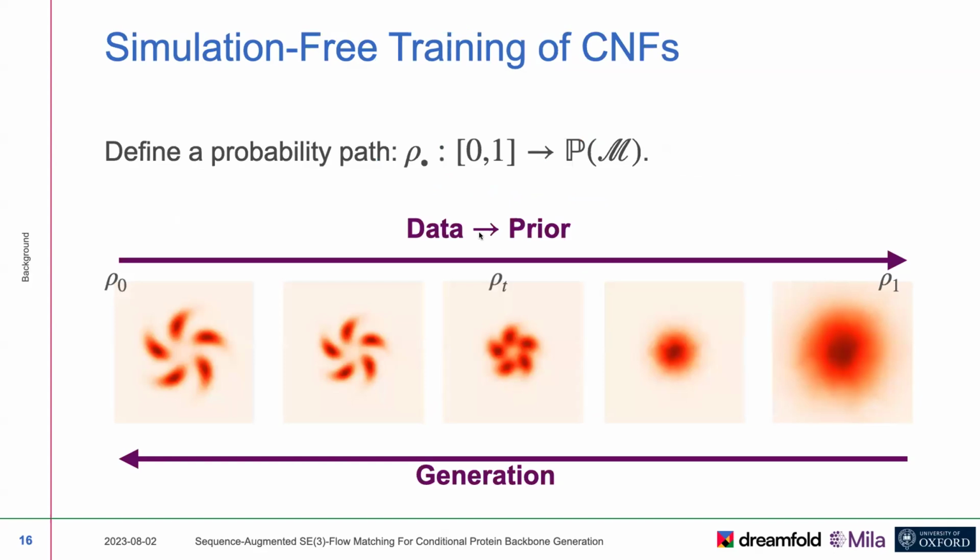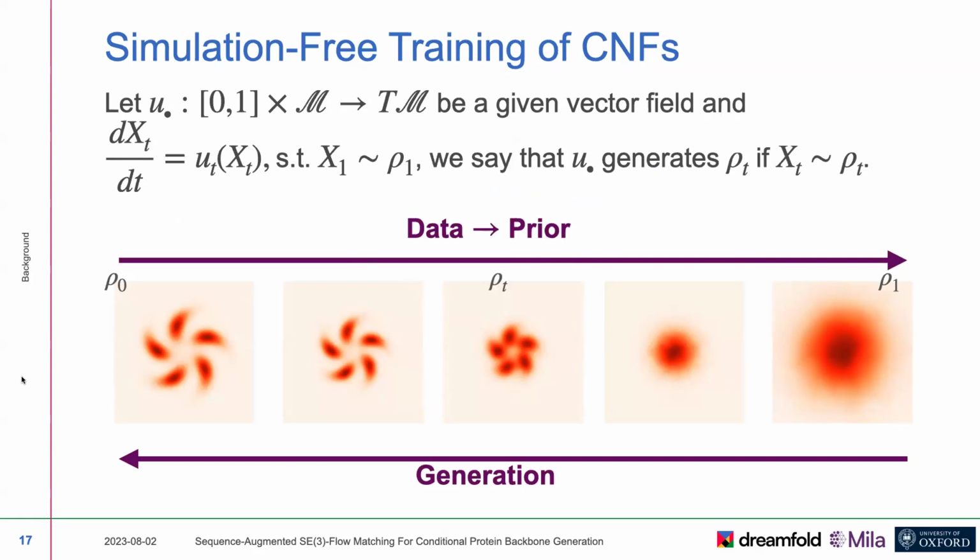Okay, slightly more details. We'll say this probability path, how the distribution evolves through time as it interpolates between these two, is caused or generated by a specific vector field.